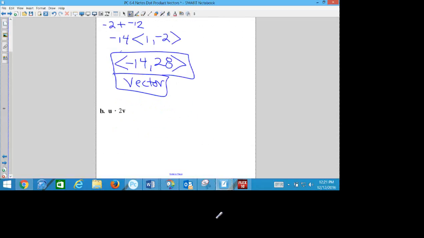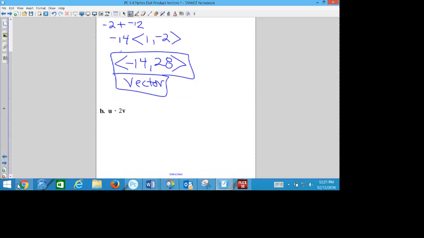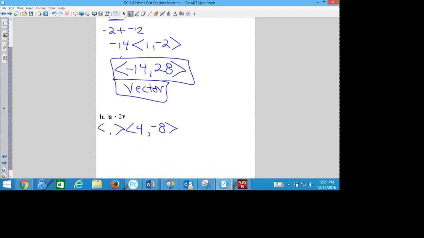How about question B? What are we going to do first? Yeah, you're going to do 2 times v first. So we're going to distribute that 2 to the v vector, which gives us 4, negative 8. And what's my new vector? Negative 1, 3.